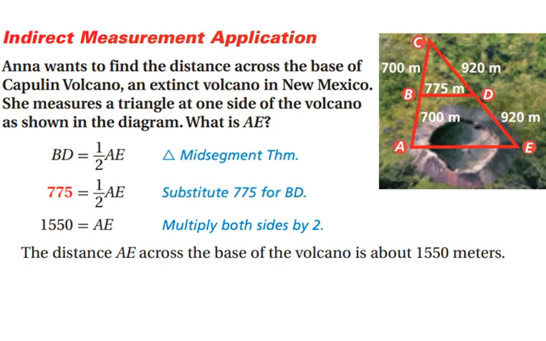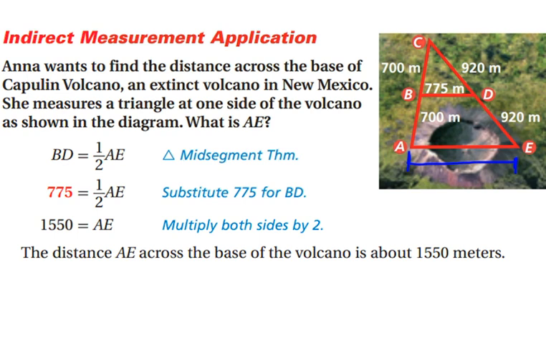So really, that's most of what you need to know about triangle midsegments. You can also use this for some indirect measurement application. This is right from the book, and there's not a whole lot to it, but it's kind of a cool thing. You know, Anna was trying to find the distance across the base of this volcano, and she can't really, there's no nice way to do a direct measurement, measuring from A to E, because you'd be going up and over, and digging a tunnel is not very practical.